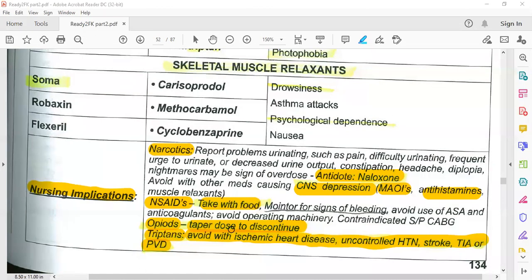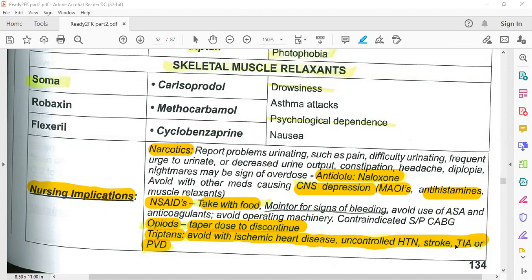Some notes about triptan. Triptan is prescribed for migraine type of headache, like sumatriptan. It is the TCA, tricyclic antidepressant medication, but they have properties of analgesia. So if your patient has to take triptan, you could educate to avoid it with patients who have ischemic heart disease, uncontrolled hypertension, stroke, or TIA.